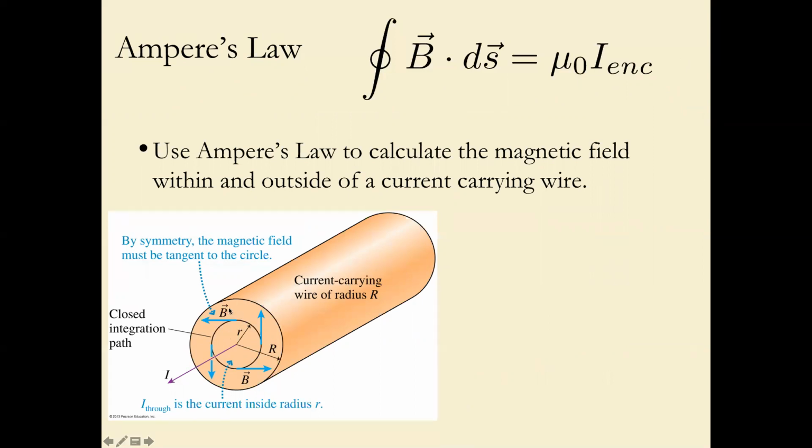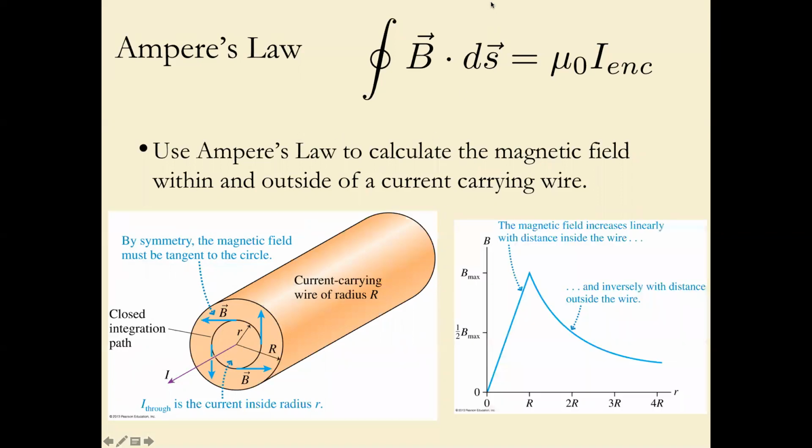So you will see that Ampere's law is very helpful for those kinds of problems, as we did with Gauss's law. Please work on it, and then we will post the solution.